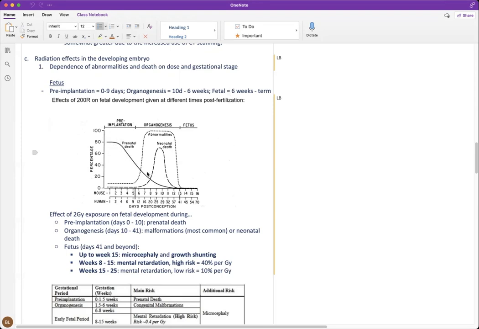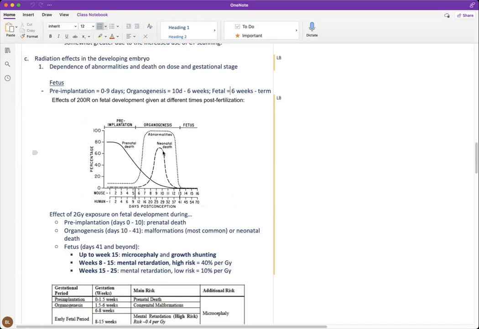Once you get into the organogenesis phase, things can live, but they'll have abnormalities. There can still be neonatal death at a certain time, but then you get into a safer range when they're in the fetal phase. I've kind of explained that here.